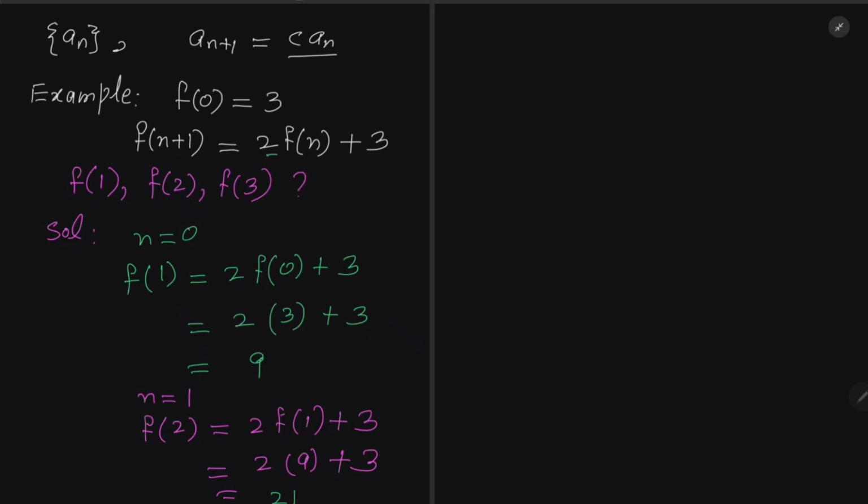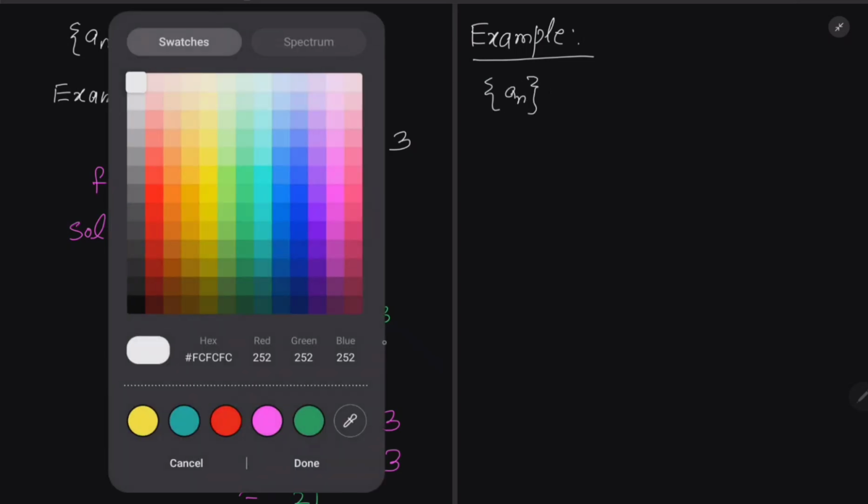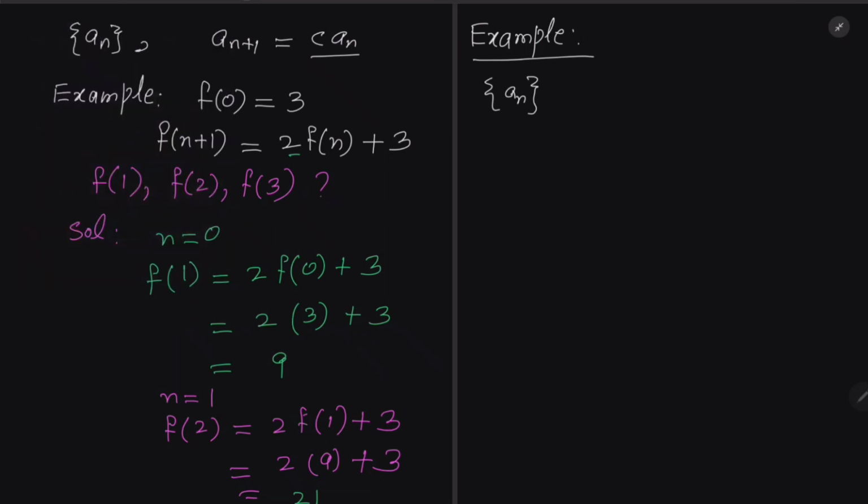Now, one thing that we want to understand is what is the role of the seed in any recursion formula. So we want to learn that from an example. Suppose we have two sequences. One sequence is an, and another one is bn.